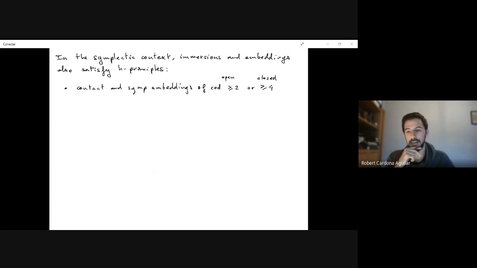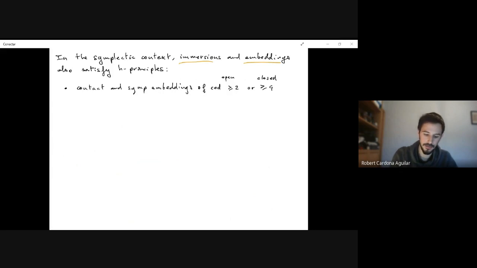So other objects that have been studied in symplectic topology and for which you have some H-principles are immersions and embeddings. In this case, it depends on the codimension. If you look at a symplectic embedding, you start with a symplectic manifold, and you want to know if it can be embedded into a bigger symplectic manifold, so that when you restrict the big symplectic form to your submanifold, it induces the one that you had at the beginning.